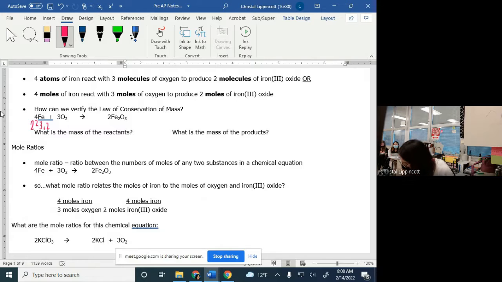Here we have 32 times 3, which is 96. That gives 319.2. And if we add up our products, they add up to be the same amount.